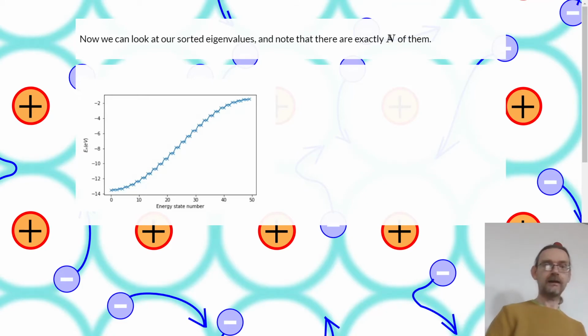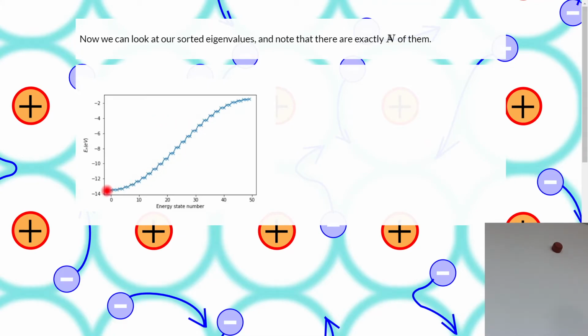And what I get out of that 50 by 50 problem is 50 eigenvalues, and I've sorted them by energy. So they go from minus, I guess it's 13.5 up to, no, it's minus 1.5.